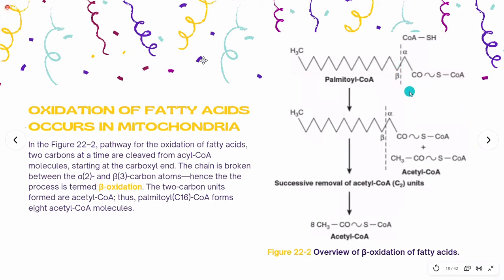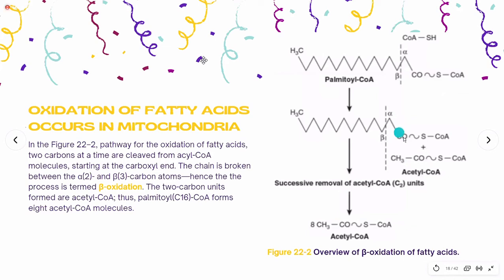No? So, beta oxidation means you are oxidizing this carbon, this number 3 carbon, cutting this off and oxidizing this back into a carboxyl group with a coenzyme A. You have seen the squiggle there, the high energy bond. Okay, so there will be successive removal of acetyl-CoA. So it is being chopped, 2 carbons at a time.